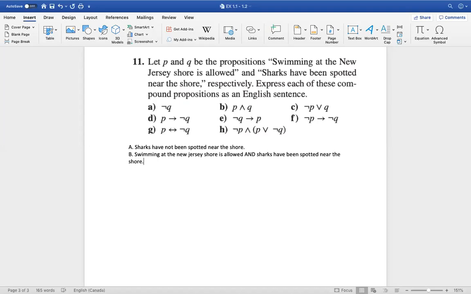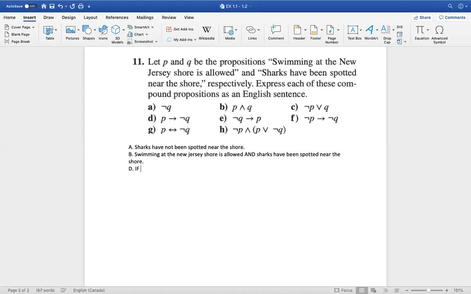Okay, let's take a little difficult example. Let's take example number D. So this sign here is of implication. It means that if this is true, then this will be true. So if P is true, then only negation of Q will be true. So let's say how it will be in English.